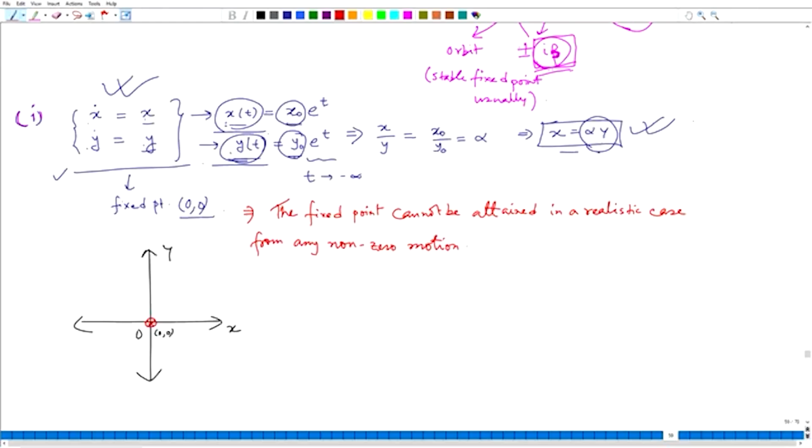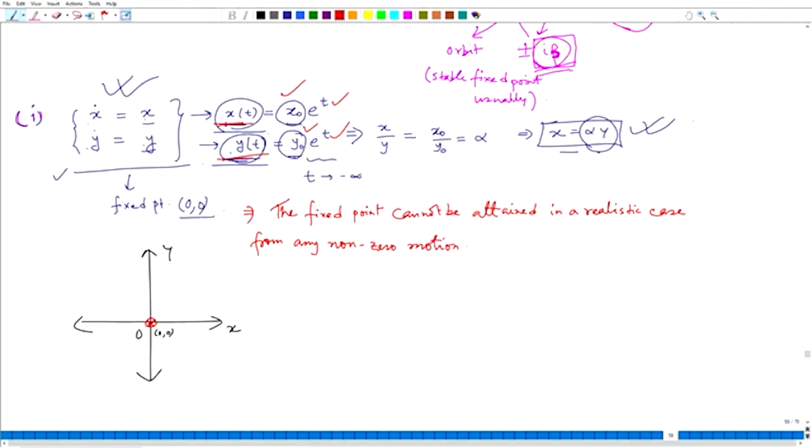Now, if you prepare the system at its fixed point, that means you forcefully make x equal to 0 and y equal to 0, so you are imposing x 0 is 0 and y 0 is 0. Then even if time is changing, your x and y will remain 0.